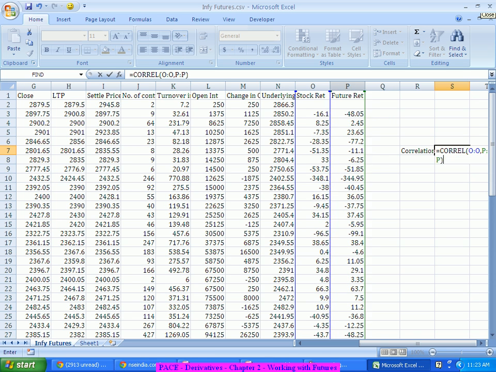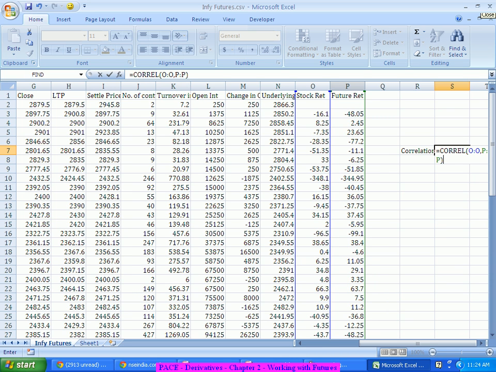Now, the higher the correlation between any two securities, the more I have to do an opposite transaction to get a perfect hedge. The lesser the correlation, the more I have to do the same transaction. Correlation always lies between +1 and -1.